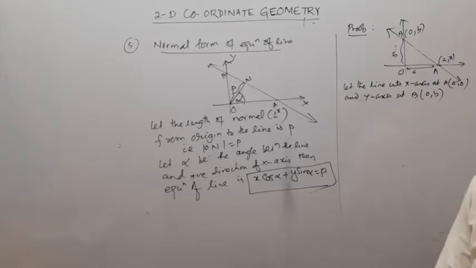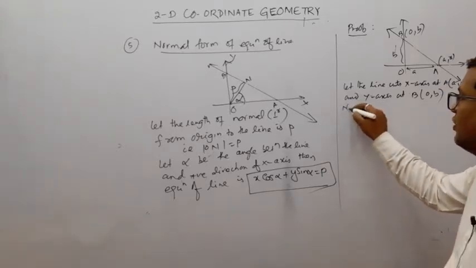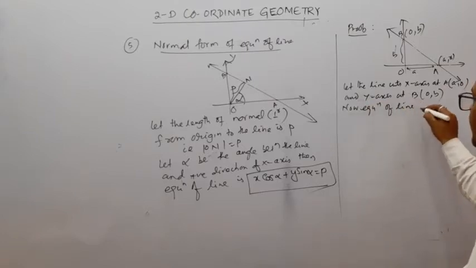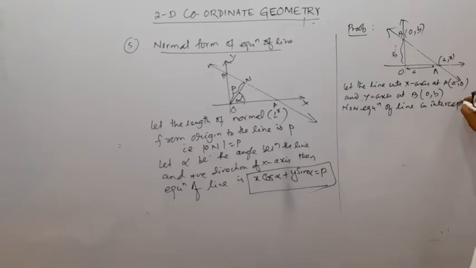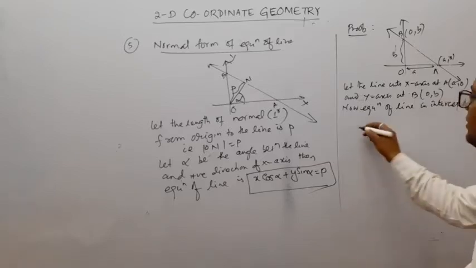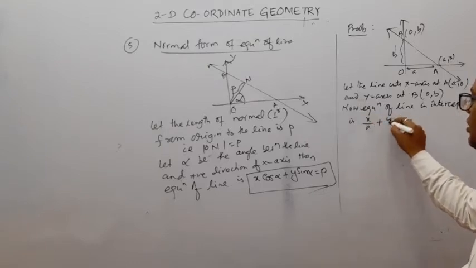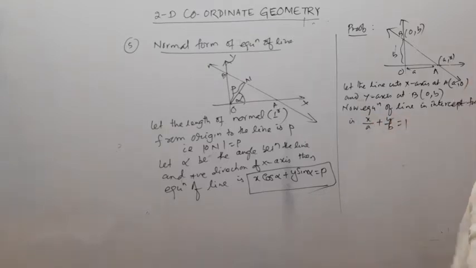Now the equation of the line in intercept form is x by a plus y by b is equal to 1.